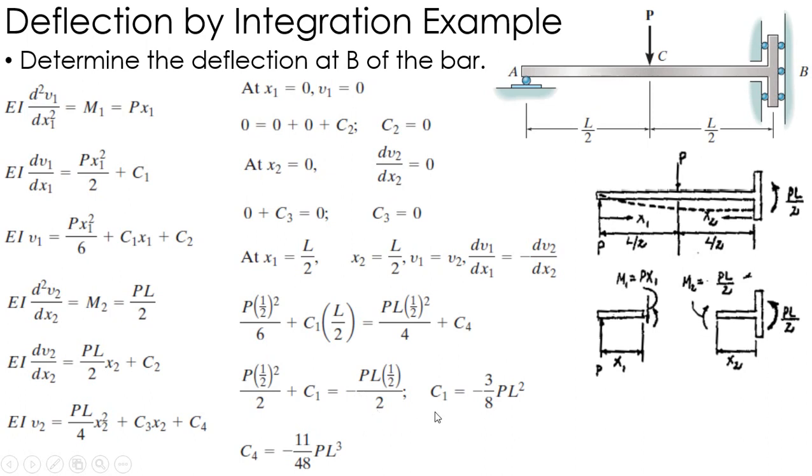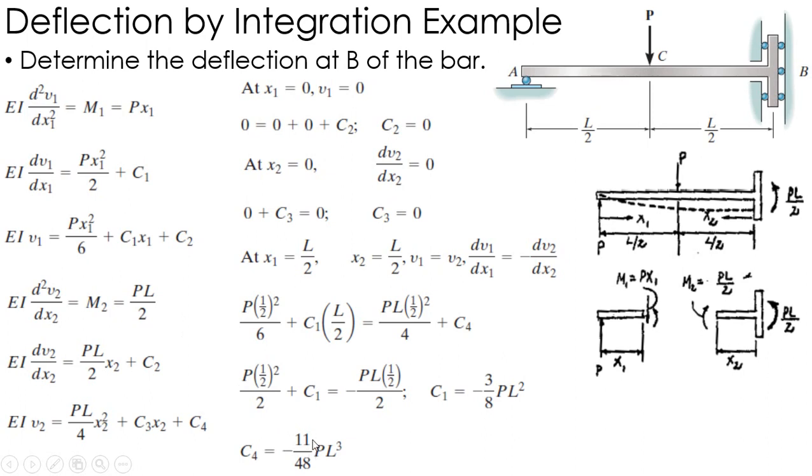From this equation, I can find that that constant equals negative 3/8 PL squared. Taking that, plugging it into the equation above, I get negative 11/48 PL cubed. Recognizing lots of typos here, but hopefully you're following this, where I use these boundary conditions and these continuity conditions to figure out these integration constants.